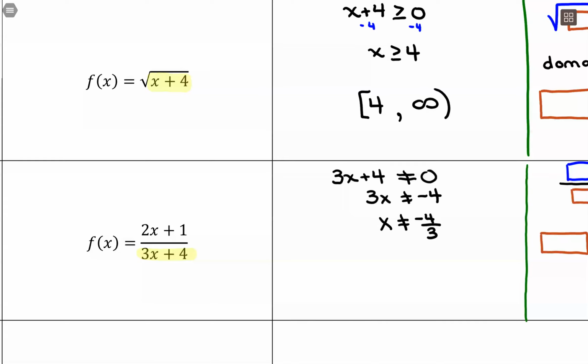So for the domain, if I put it in interval notation, I would say we can have anything from -infinity up to -4/3, but not including -4/3, and then starting at -4/3 but not including it, and going off to positive infinity.